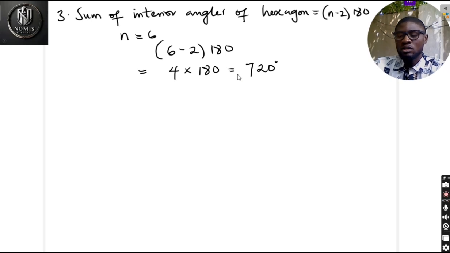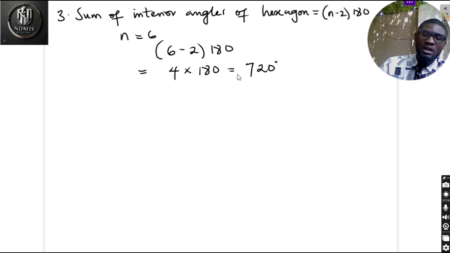If it is not a regular polygon, then each of them will be measured individually. However, if it is a regular polygon, there is a formula to calculate each angle of the polygon.